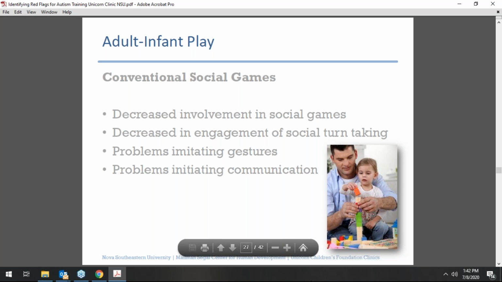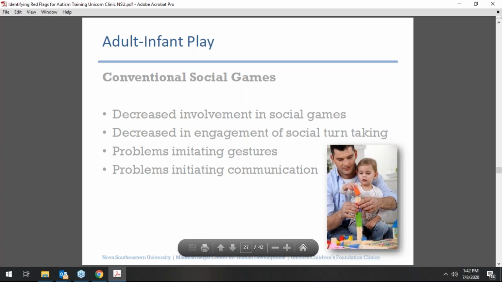Gestures is something that we look at to see if they're able to point, if they're able to use their hands to describe an object. Do they use their hands to communicate? Oftentimes, they might have a speech delay. Does not mean that every child with autism has a speech delay, but if they have a speech delay, typically children will rely on gestures to communicate their needs and wants.